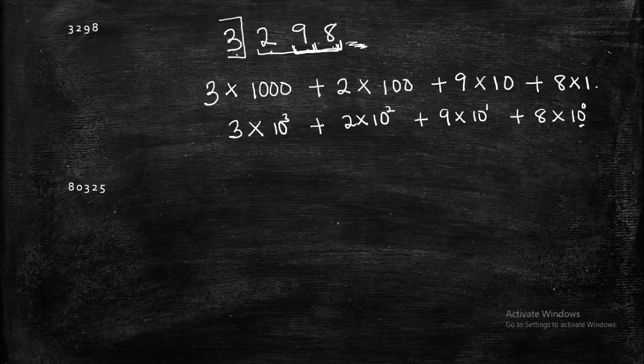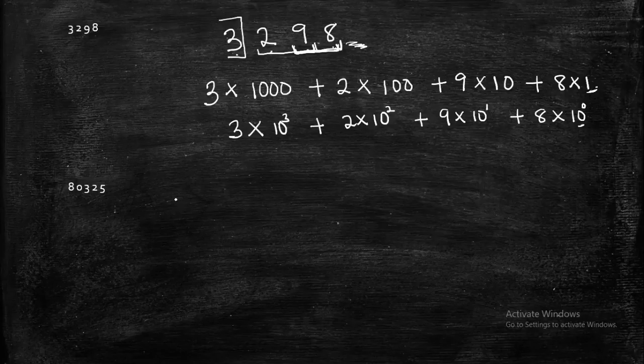That's why this 10 raised to power 0 here is the same thing as this 1 here. I hope you understand this one. So we've now expressed this 3298 in expanded notation form. Of course, no WAEC question is going to ask you this, but it's basic knowledge that you understand this before we go deep into other bases and their conversions.